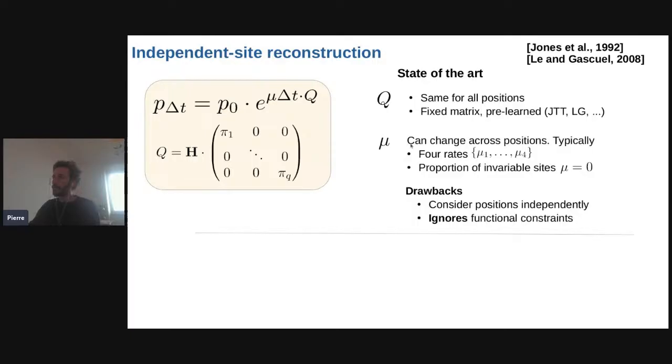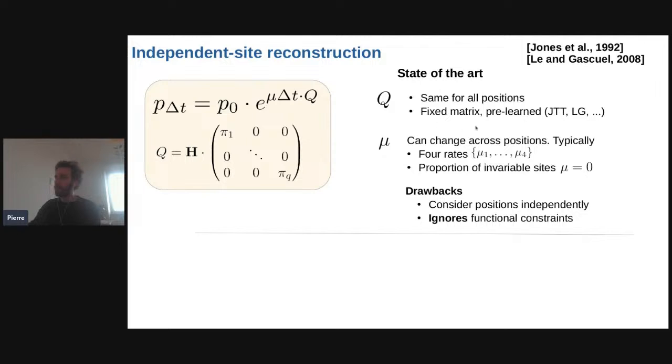And then you assume that the rates can change across positions, right? So typically, you would do, for instance, 4 mutation rates, which are gamma distributed, and you infer the parameter of this gamma distribution. So you essentially allow for different positions to evolve at different rates.